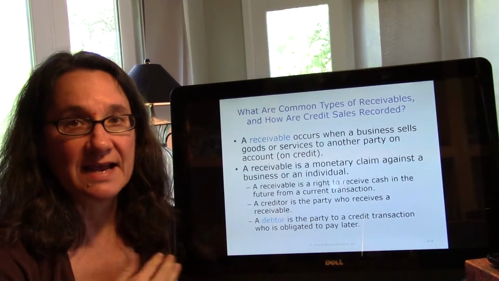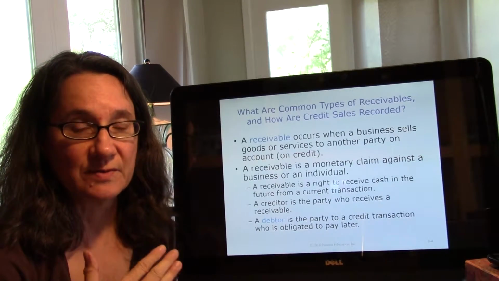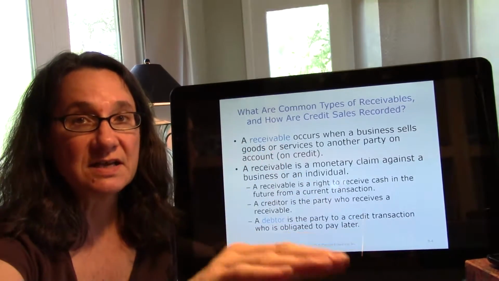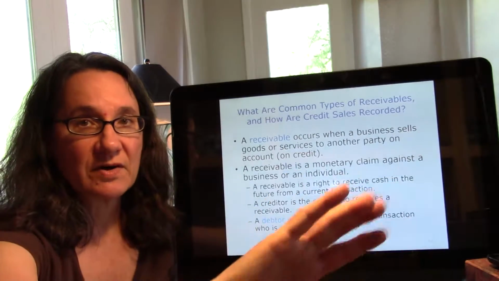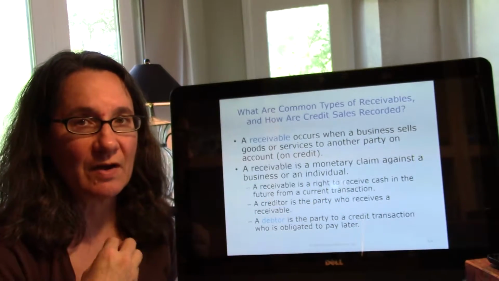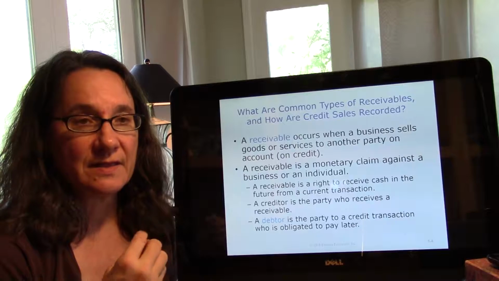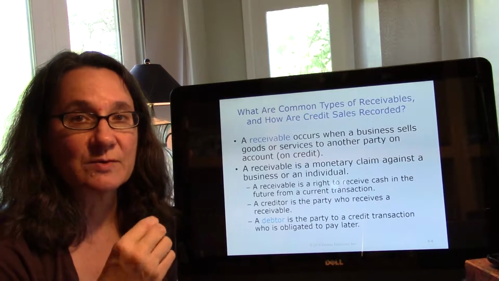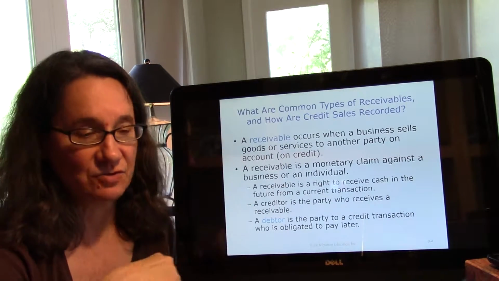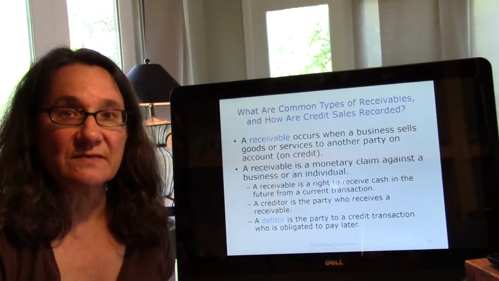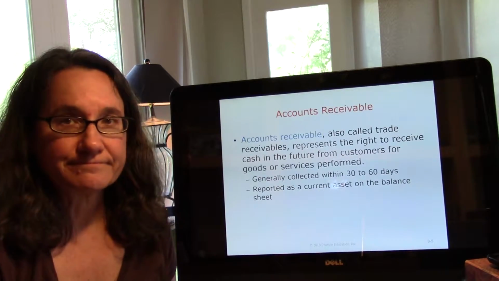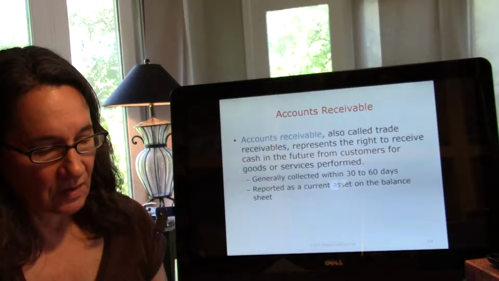That's an asset to us. We're doing the receiving. The other person does owe us, so for their part, it's a payable. We're not talking about payables. We're talking about our receivable that they owe to us. We are going to receive cash from them in the future because we did some service now.